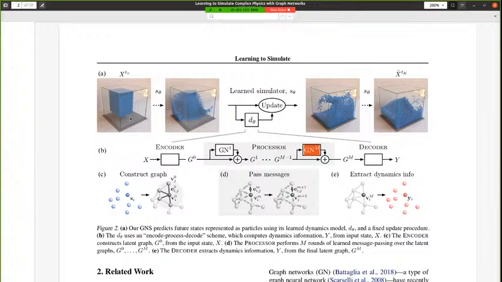You take a state, you make a graph out of it, and then you operate along the elements of the graph according to a principle of local interactions, where local means local in the physical sense, because interactions happen along edges, and edges are only there if the particles are physically close, but also local in the sense that a single message pass is not, for instance, going to relate this vertex, which is representing some particle, directly with this one.